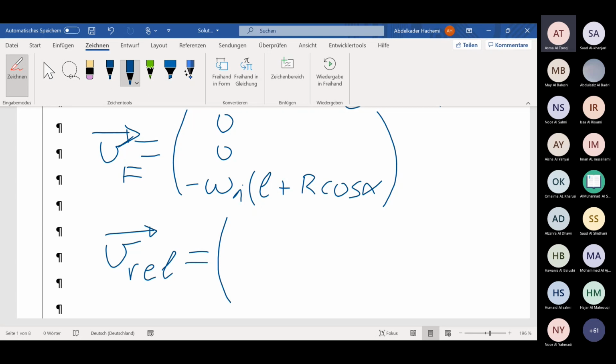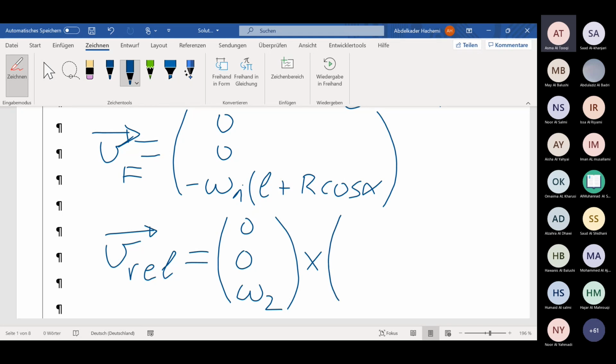Then it means we have 0 for x direction, 0 for y direction, and here omega 2, and here cross the component of R2.